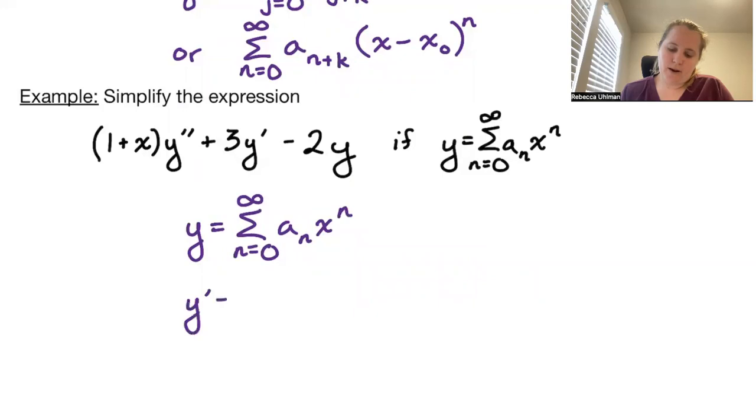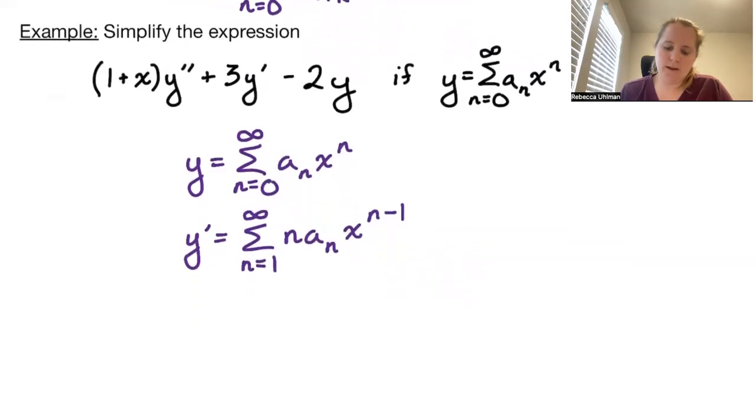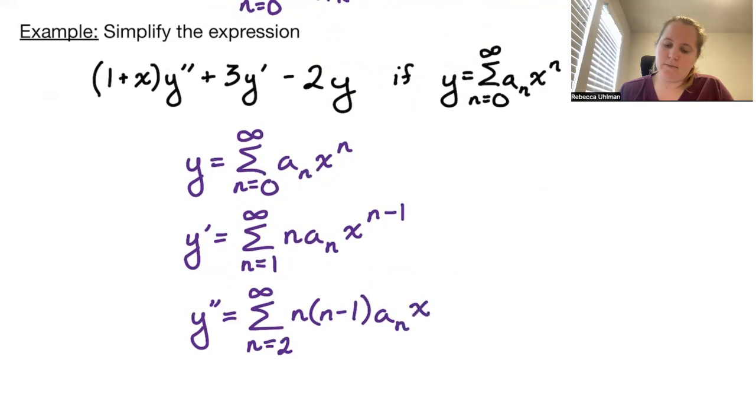We know y prime is the sum from n equals 1 to infinity of n times a sub n times x to the n minus 1. And we know the second derivative is equal to the sum from n equals 2 to infinity of n times (n minus 1) times a sub n times x to the n minus 2.